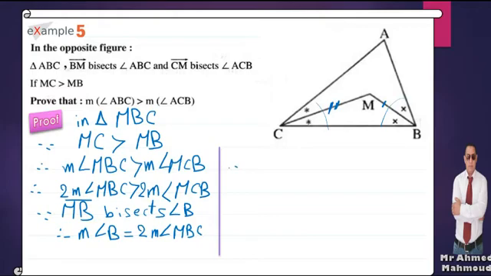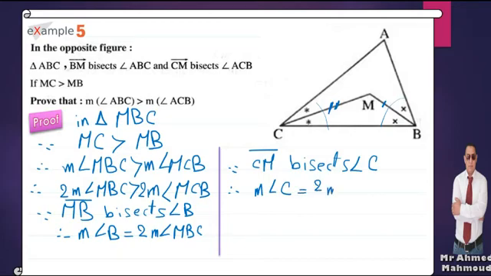Since CM bisects angle C, therefore measure of angle C equals two times measure of angle MCB.